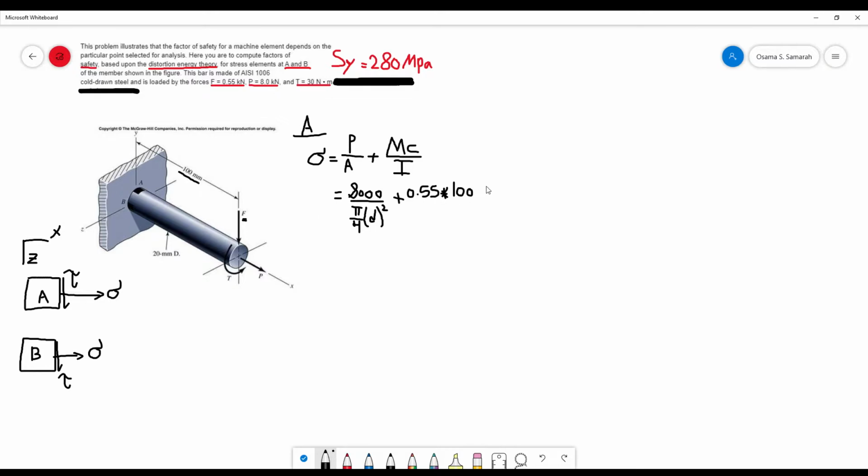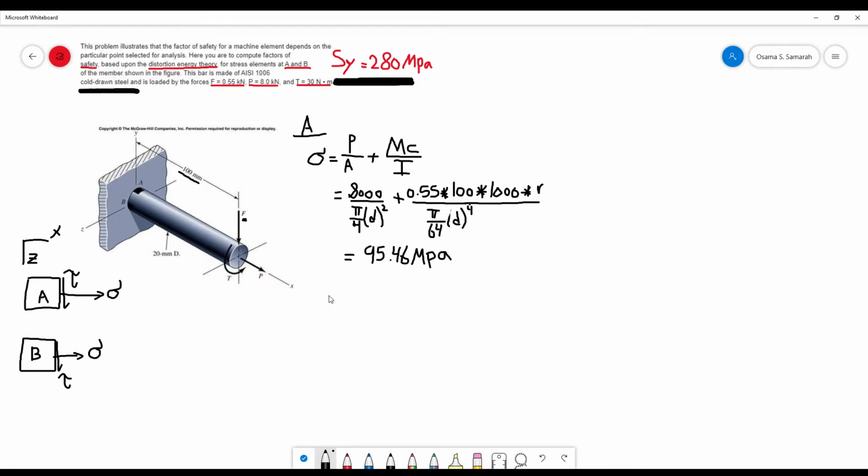We convert from kilonewtons to newtons, so multiply by 1,000. And c is the radius of the bar, over the moment of inertia, which is pi over 64 times the diameter to the fourth. This will come out as 95.46 megapascals.